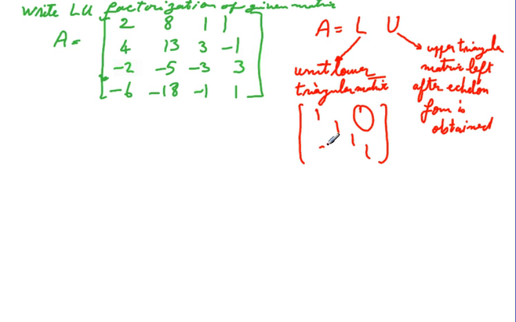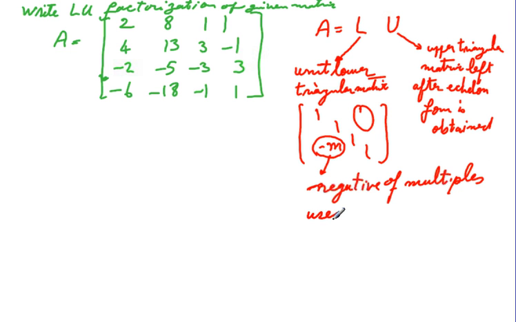So down here in its own respective place, it's going to be the negative of the multipliers used during the elimination process. What do you mean by that?